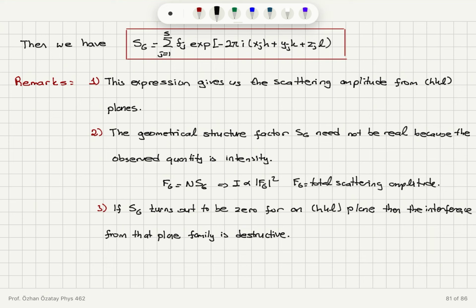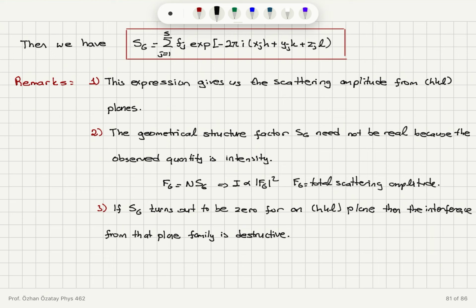And it's giving the scattering amplitude for one unit cell. So we have to multiply it with the number of unit cells to get the total scattering amplitude. The geometrical structure factor need not be real. As you can see, it can be a complex number. But because we're taking the absolute square of the total scattering amplitude to get our observable, the intensity, it does not create a problem.